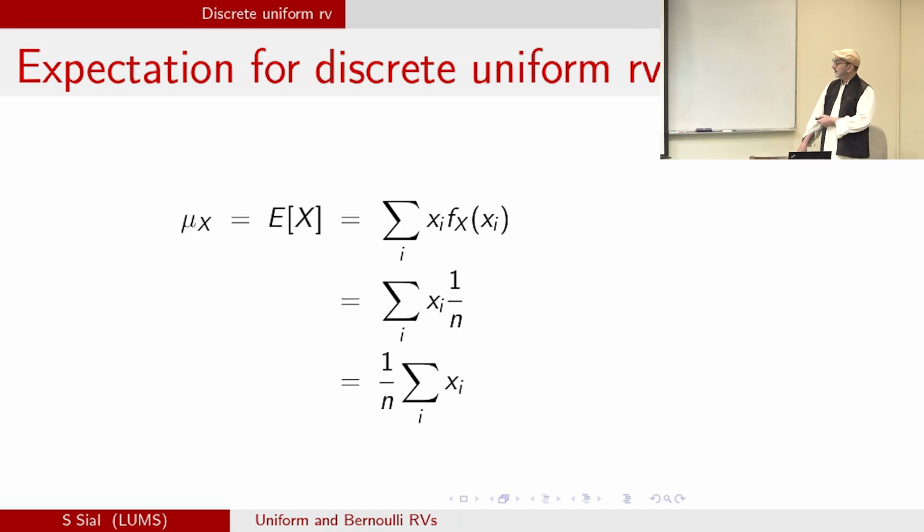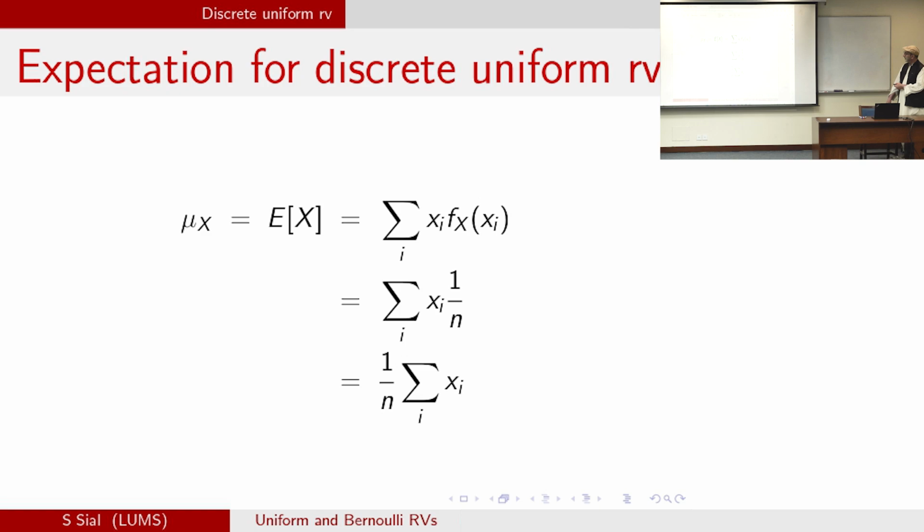Okay, so the expectation of x is the sum over all the allowed values of x, we're calling those xi, times the probability that x takes the value xi, which is the PMF evaluated at xi. Okay, so now what's that probability? We said that probability was 1 over n, right?